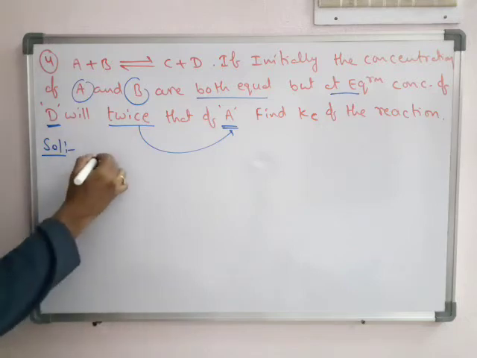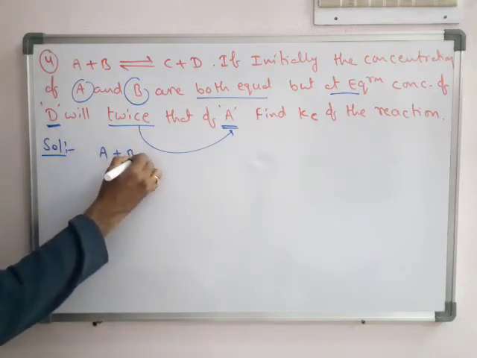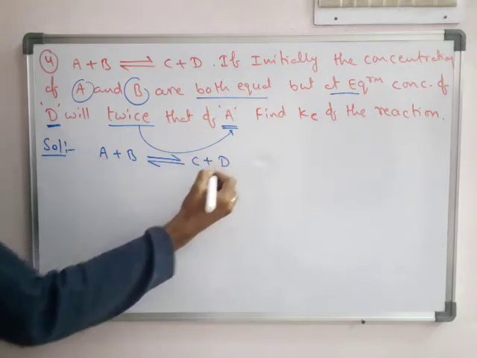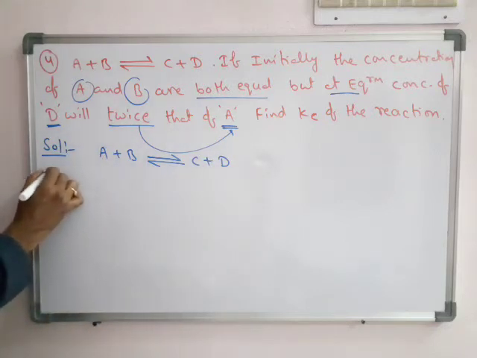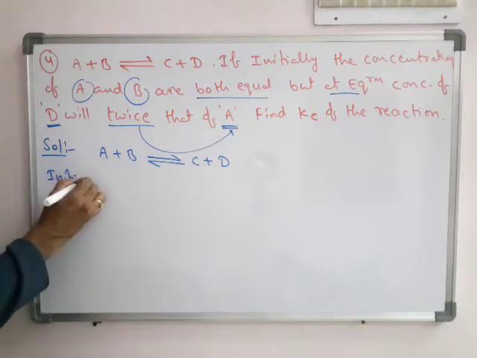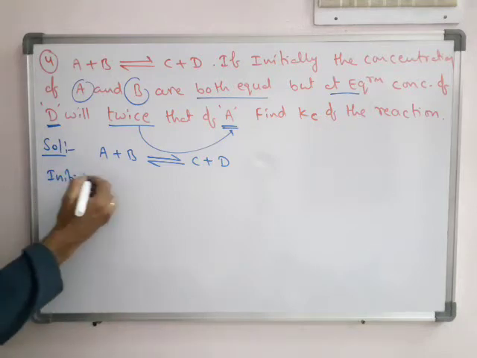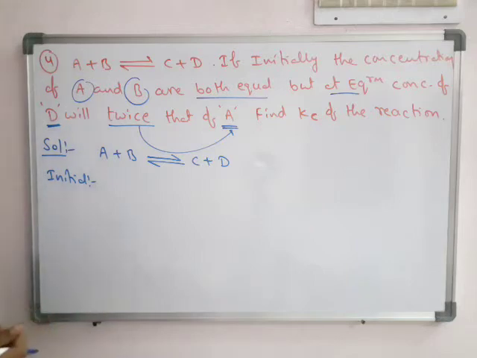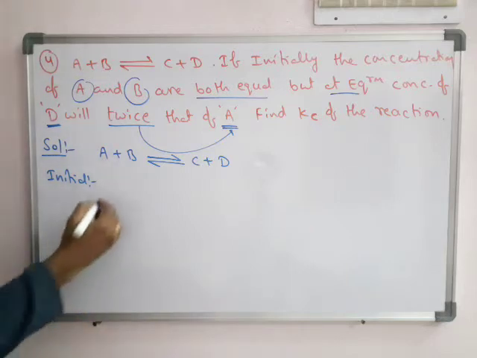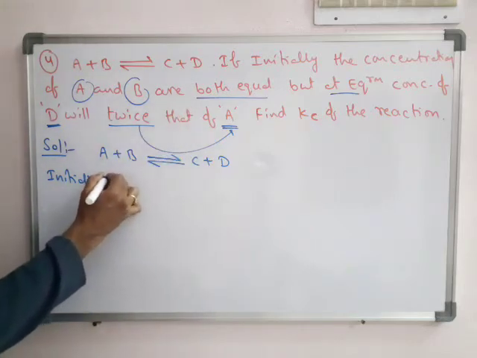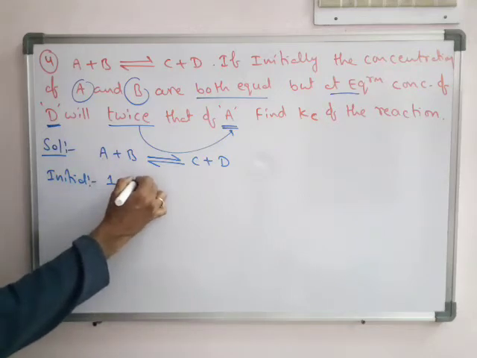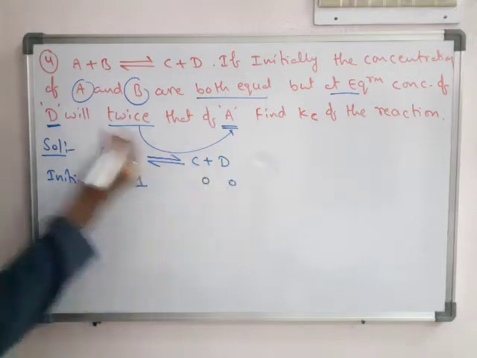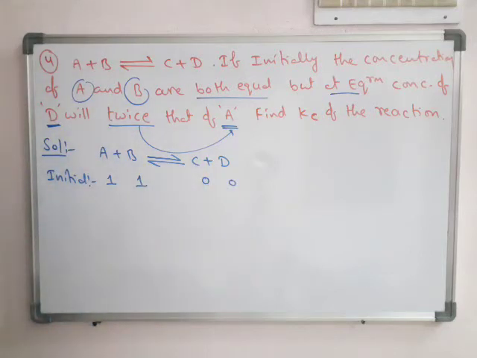Kc. So first write the reaction. A plus B gives rise to C plus D. What are the initial conditions? Initially both are equal moles, we can take 1 mole and 1 mole, and 0 for the products.